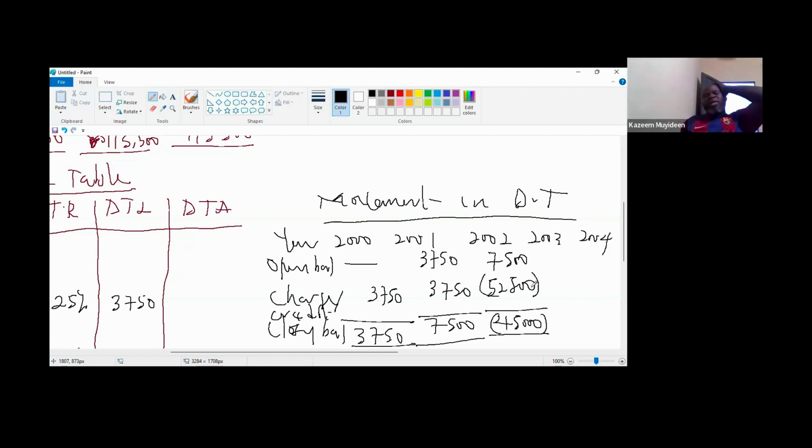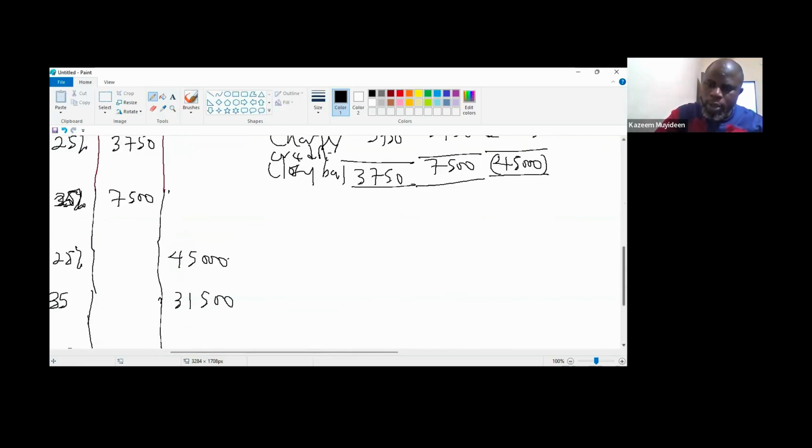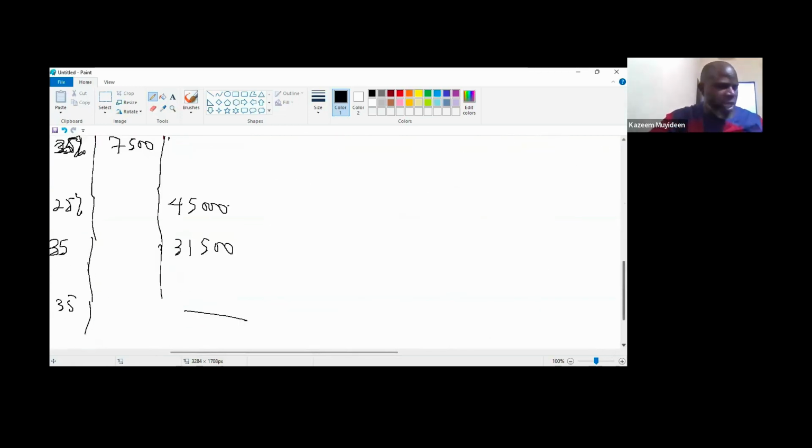In 2003, tax has changed. Tax has become from 25 to 35%.